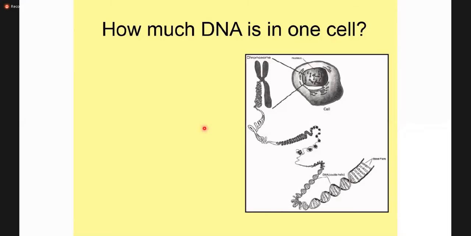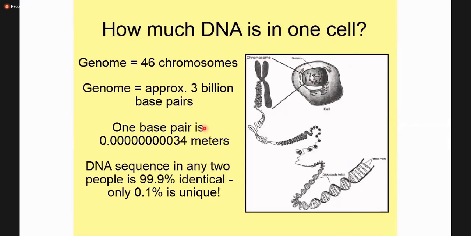Now, how much DNA is actually present in a cell? We know that we have a genome. That genome is basically all the composition of DNA and RNA, in which we exactly have 46 chromosomes. Our genome approximately consists of 3 billion base pairs.